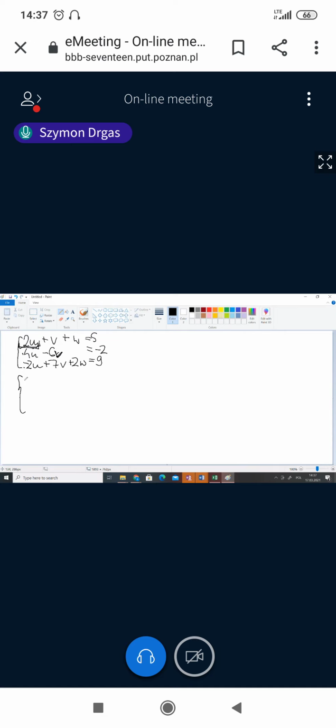So I will start with this first pivot, 2u. This first equation will remain the same. Now I want to get rid of 4u, so I need to subtract the first equation multiplied by 2 from the second equation. So 4 minus 2 times 2 is 0. Then minus 6 minus 2 times 1 gives minus 8v.